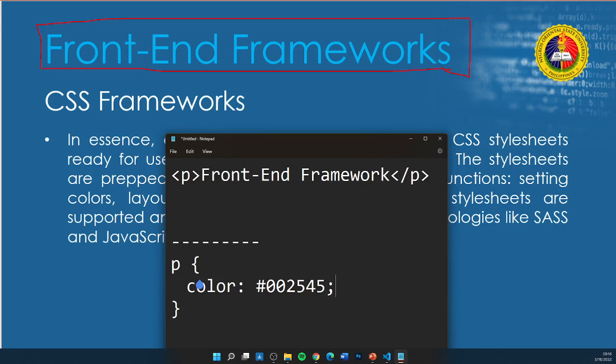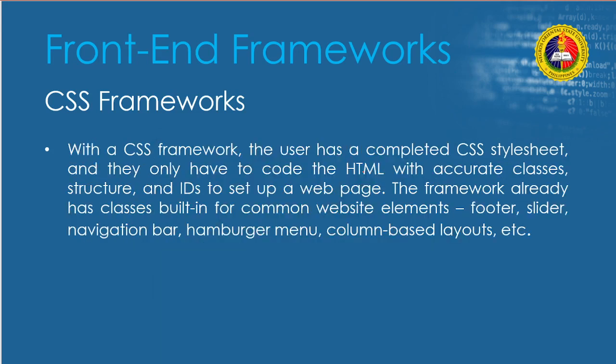So with a CSS framework, the user has a completed CSS style sheet, and they only have to code the HTML with accurate classes, structure, and IDs to set up a web page. The framework already has classes built in for common website elements like footer, slider, navigation bar, hamburger menu, column-based layouts, etc. So again, all you need to do is just use those codes for your website.